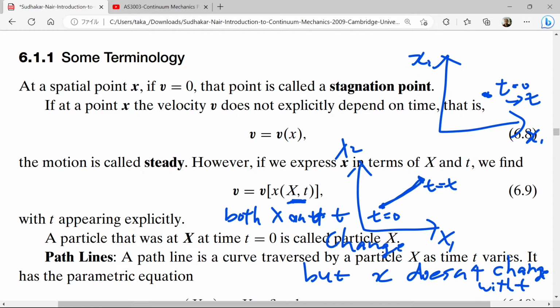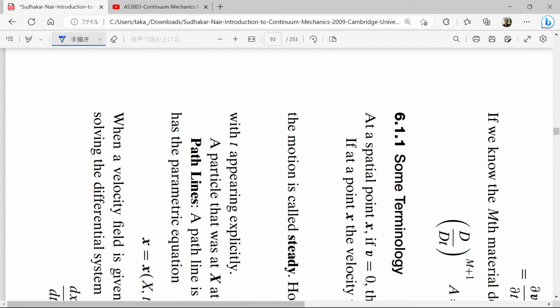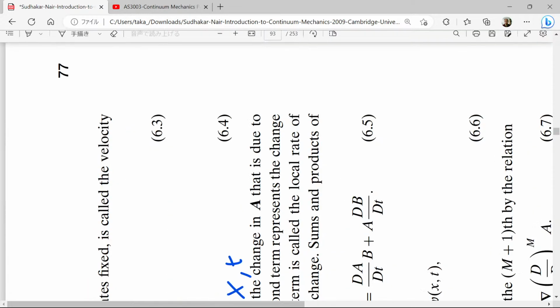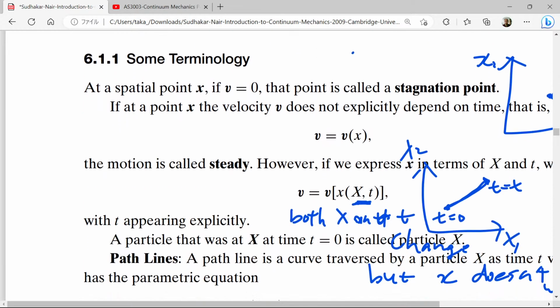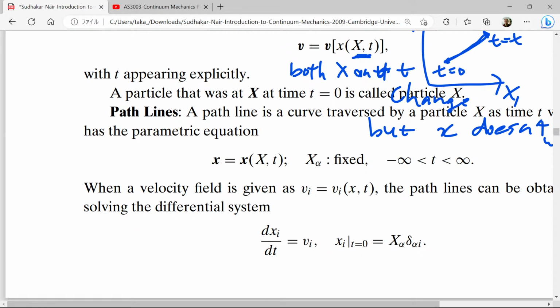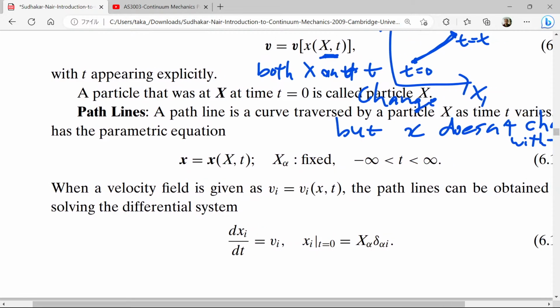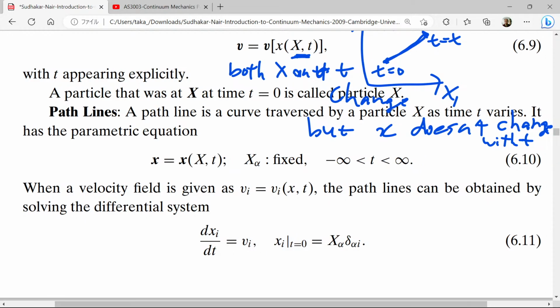A particle that was at large x at time t equals 0 is called particle x. Path line: a path line is a curve traversed by a particle x as time t varies.